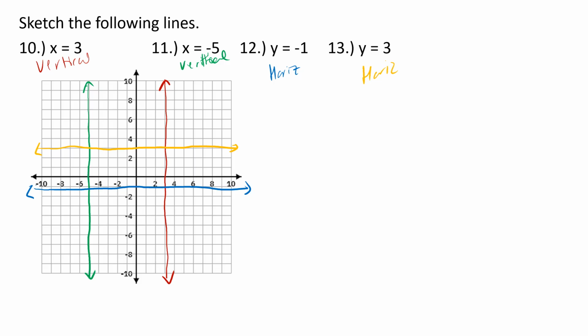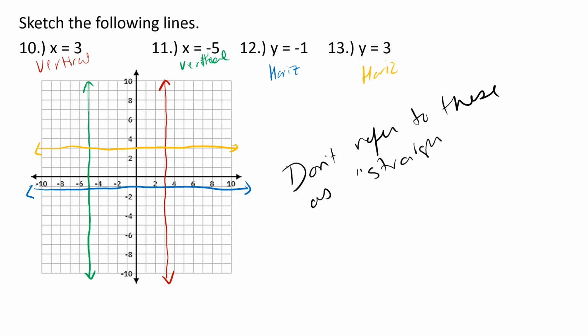Now, one more caution before we go to the next slide here is don't refer to these as, it's going to be a weird direction here, as straight. Now, I am aware that they are straight. Okay, I am aware that these are straight lines. The reason I don't think it's a great idea to refer to them as straight lines is because all lines in math are straight, not just vertical and horizontal.